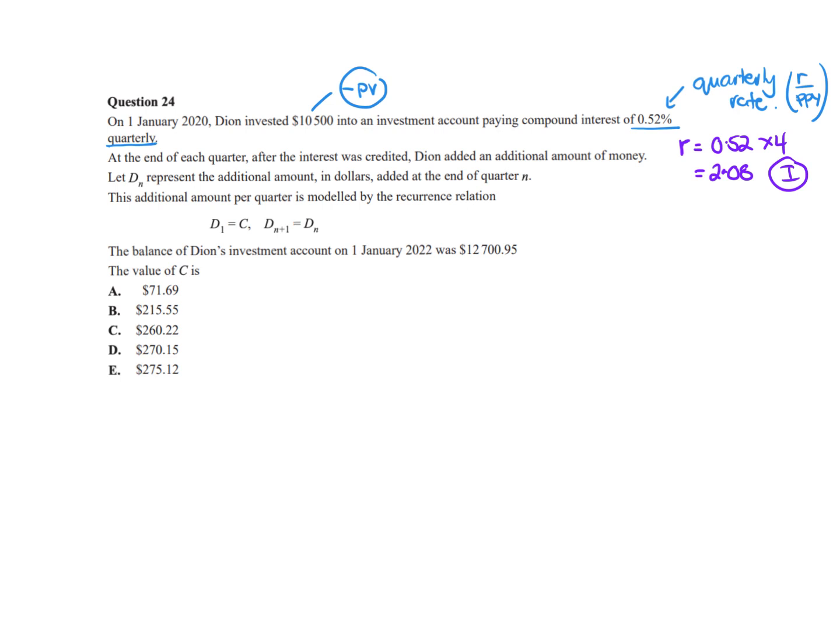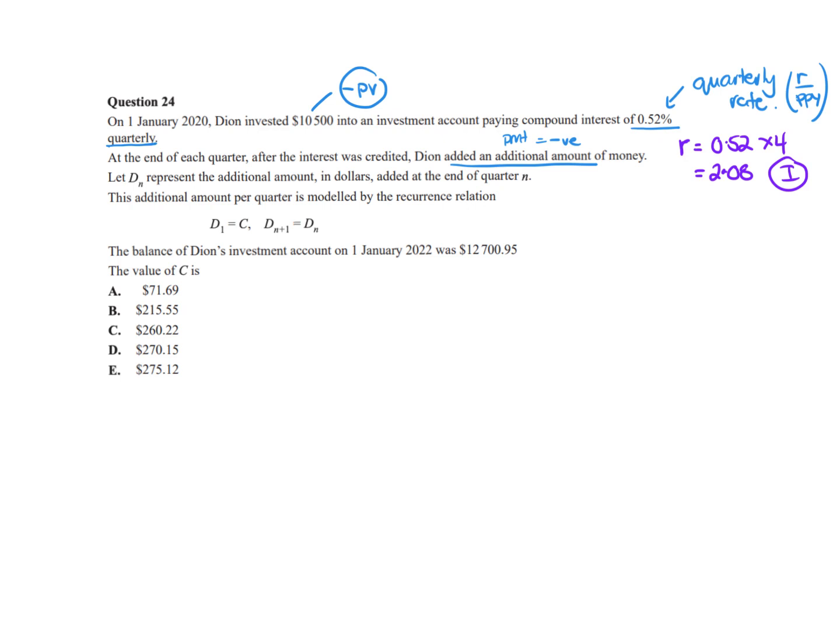So it says at the end of each quarter after interest was credited, Dion added an additional amount of money. So if he added, that means the payments would be a negative. Okay, and the additional amount per quarter is modeled by this recurrence relation.